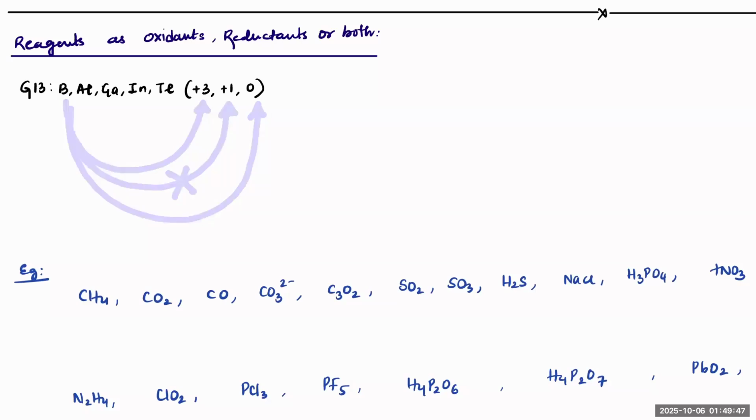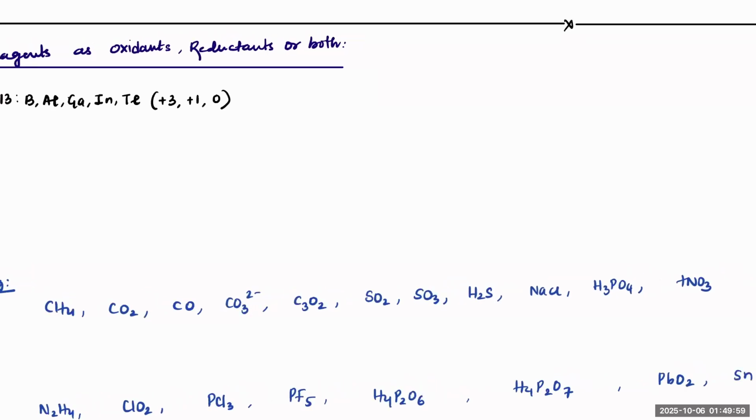So suppose only boron is given, can I say the boron will act like an oxidizing agent as well as a reducing agent? Think about it. Pure boron with a 0 oxidation state can convert into B+3. But can it convert into B -3 or -2 or -1? No, because group 13 elements do not have that much electronegativity to accept other elements and attain a negative oxidation state.